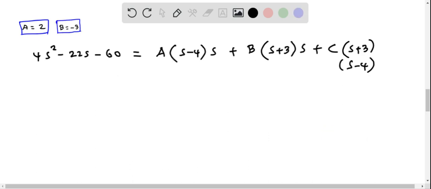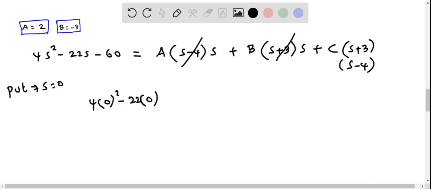Now let's determine the constant C. For that, I'm going to put s equal to 0 on both sides. When I do that, this term will get cancelled, as well as this term. And on the left side, I will have 4 times 0 squared minus 22 times 0 minus 60, and this equals C times 0 plus 3 times 0 minus 4.